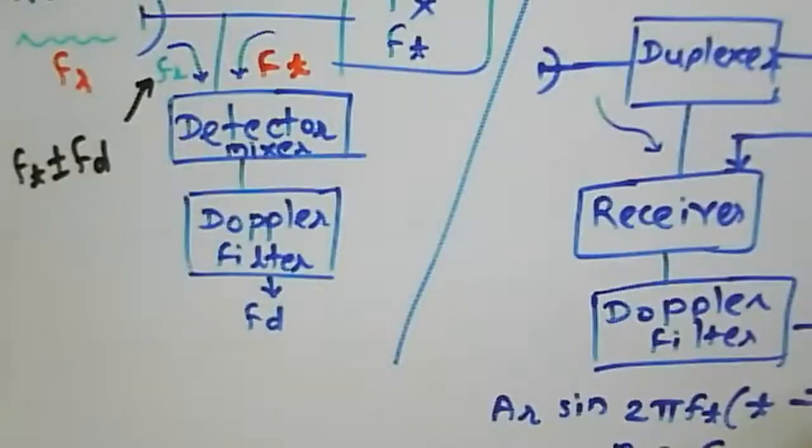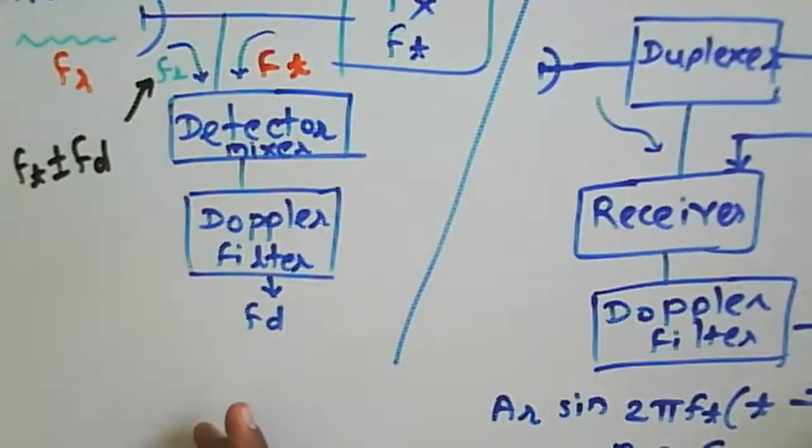But some drawbacks are there, so that's why people have considered another radar, because there are some echoes that can arrive from the nearby object or environment. That is nothing but clutter, and due to that clutter we are not able to differentiate the signal from the target, the echo signal.